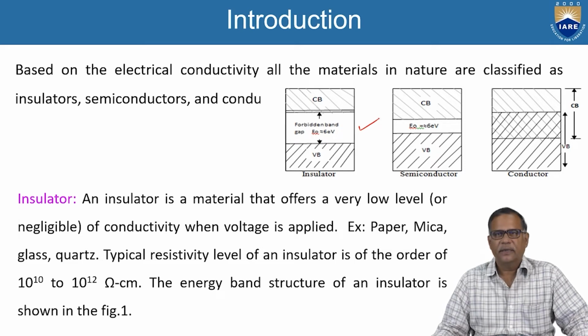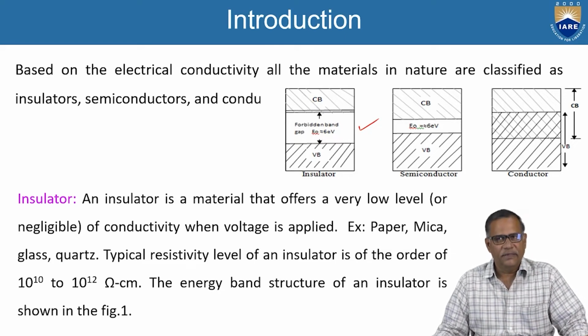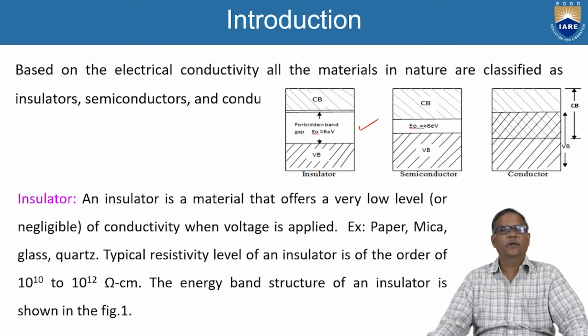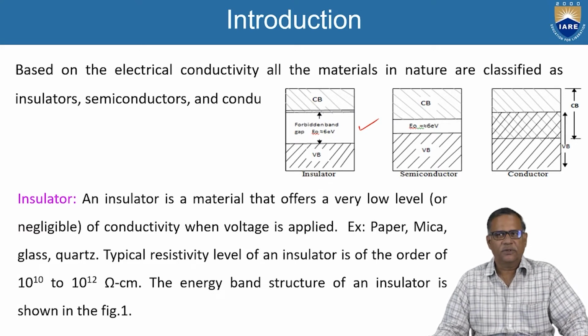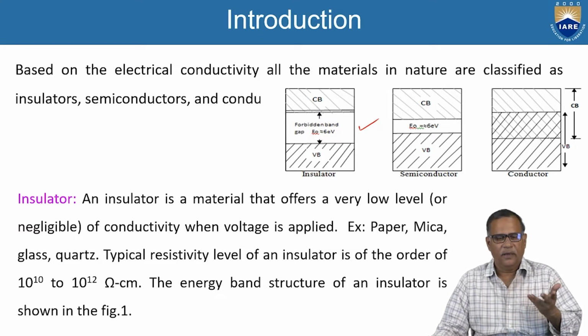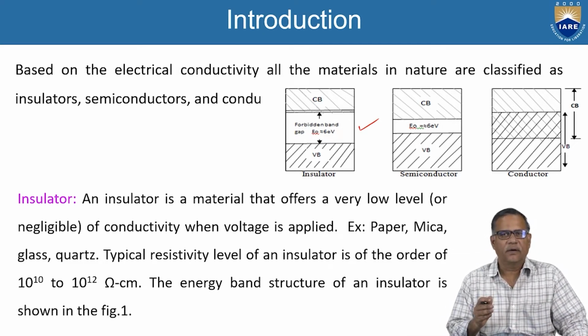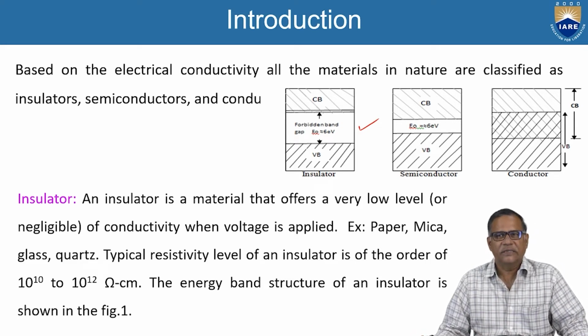An insulator is a material that offers a very low level of conductivity, or has high resistance when voltage is applied. That means practically you don't get any current passing through the insulator. For example, paper, mica, wood, glass, quartz. The typical resistivity of an insulator is of the order of 10 to the power 10 to 10 to the power 12 ohm centimeter.